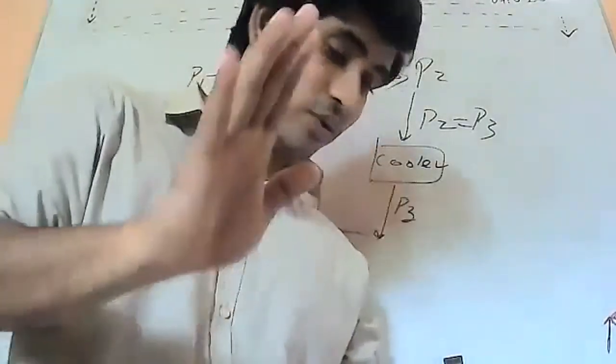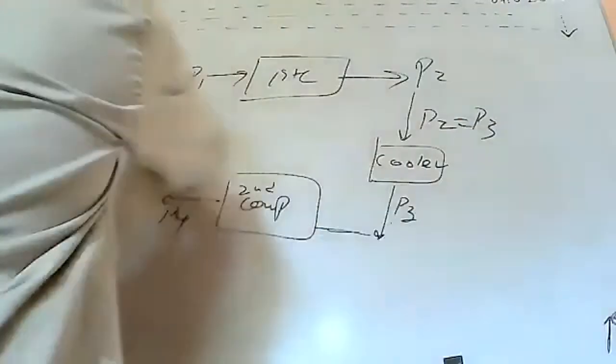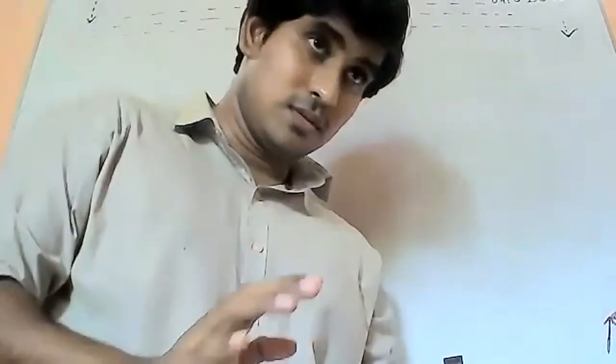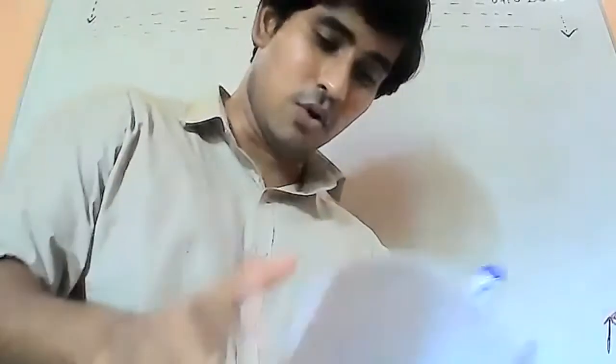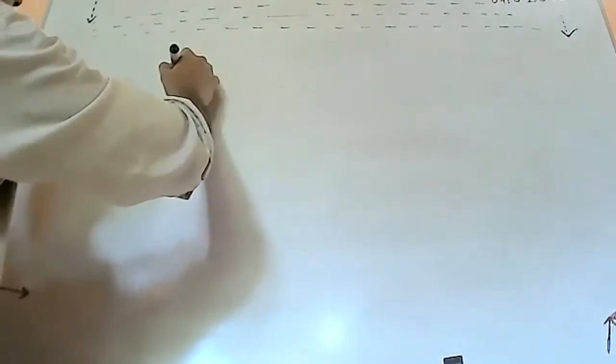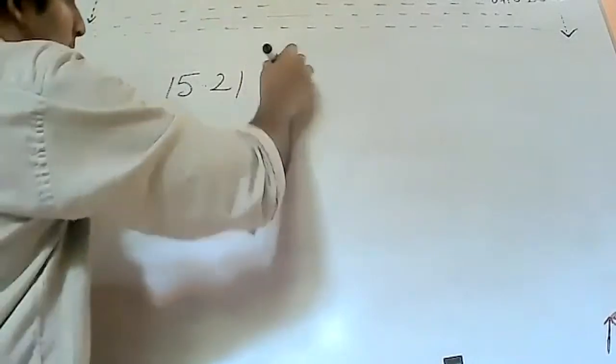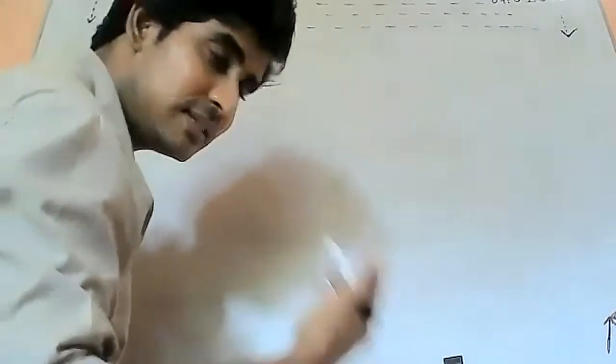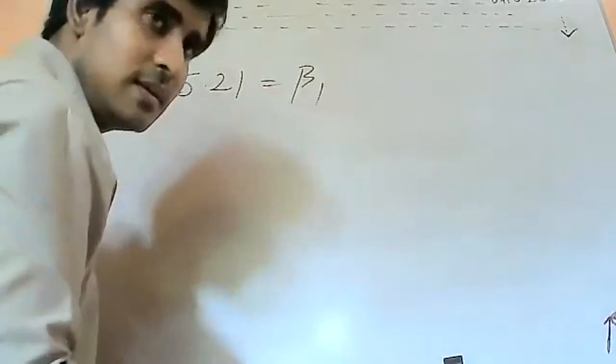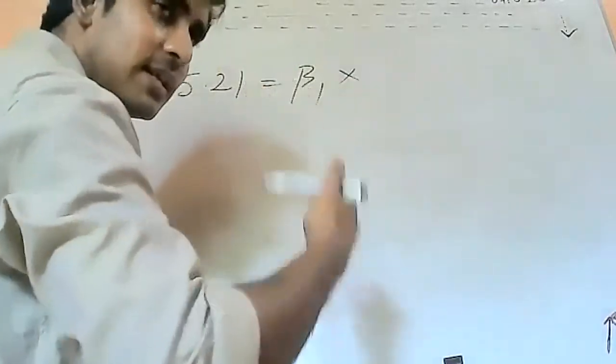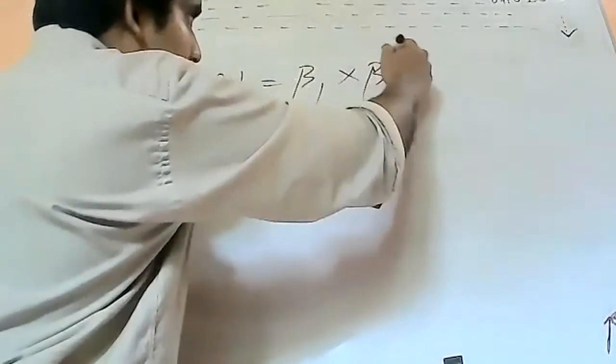That case you already know. Now in this problem, I told you there is something called the overall pressure ratio. What is the overall pressure ratio? It is 15.21. The overall pressure ratio is the pressure ratio in the first compression stage, which is beta 1, multiplied by the pressure ratio in the second compression stage, which is beta 2.